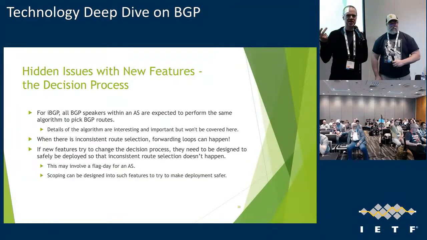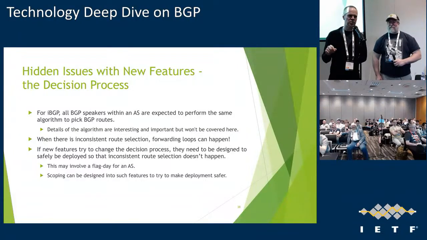And it's unfortunately fairly common for people extending the protocol to think, oh, yeah, I just need to change the decision process a little bit for my new attribute, and to not really think through what the implications are going to be when that thing is deployed.